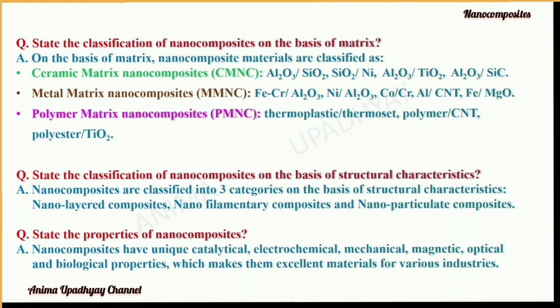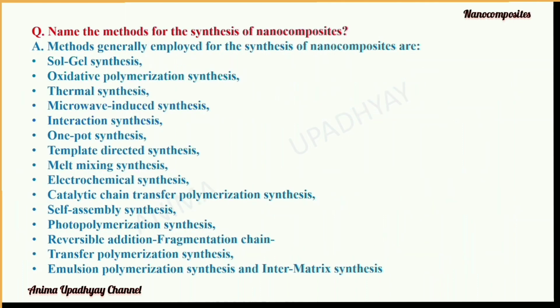State the properties of nanocomposites. They have unique catalytical, electrochemical, mechanical, magnetic, optical, and biological properties, which make them excellent materials for various industries. Name the methods for the synthesis of nanocomposites.